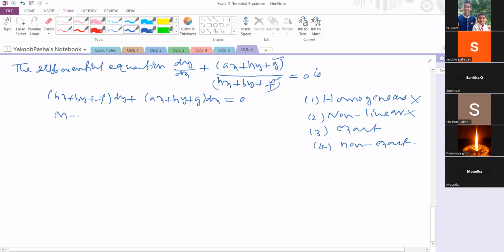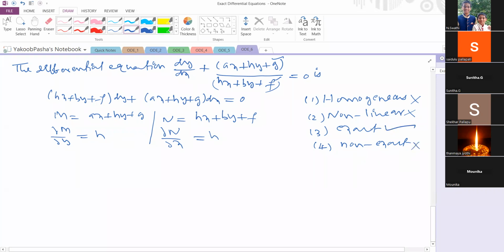Here M is equal to ax plus hy plus g, the dx coefficient, so that dou M by dou y is equal to h, and N is equal to the dy coefficient, that is hx plus by plus f, so that dou N by dou x is equal to h. Both are equal, so that the given differential equation is exact.